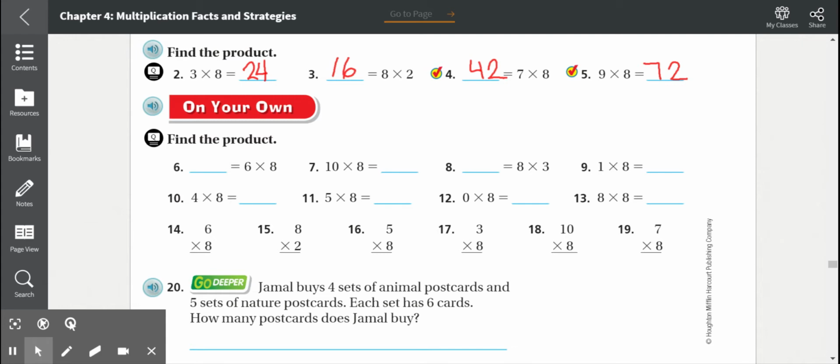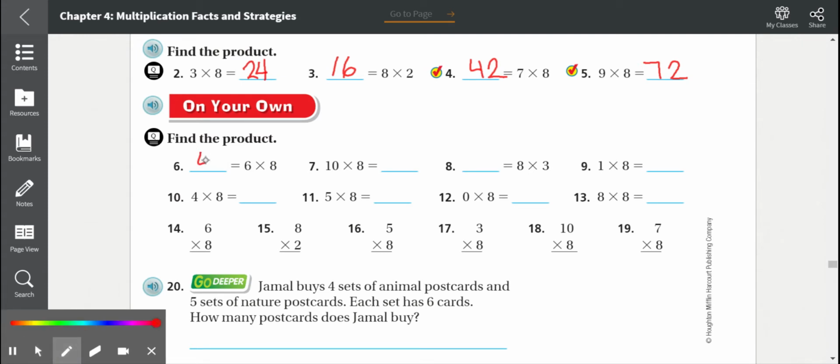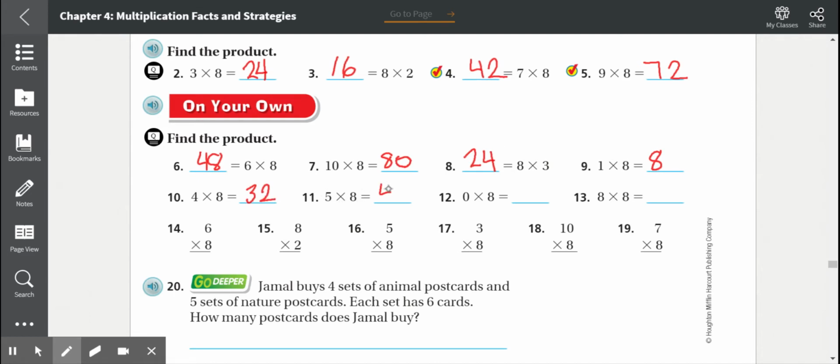Okay, you should have worked all the way through number 19, and now we can correct. 6 times 8, we've already done it today, is 48. 10 times 8 is 80. 8 times 3, 24. 1 times 8 is 8. 4 times 8, 32. 5 times 8 equals 40. 0 times 8 equals 0. 8 times 8 is 64. 6 times 8 is 48. 8 times 2 is 16. 5 times 8 is 40. 3 times 8 is 24. 10 times 8 is 80.